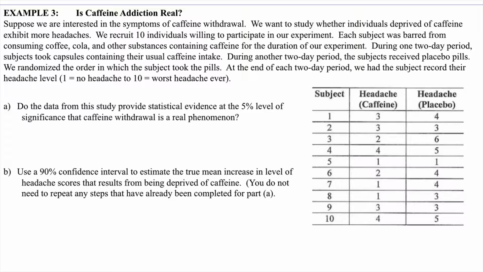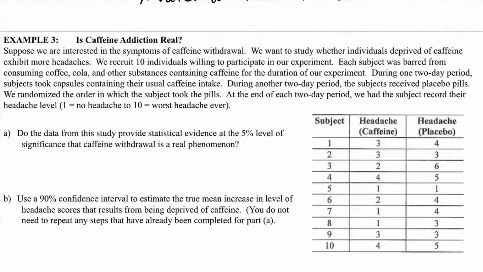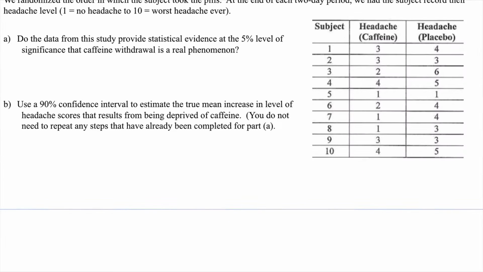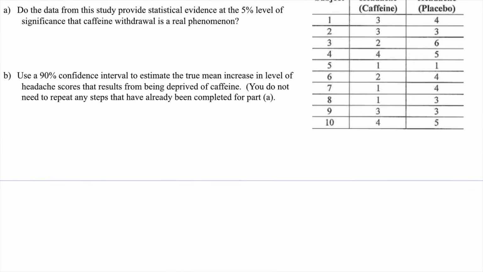Okay? So let me, oops. Okay, so population parameter. You said we had 2 samples.